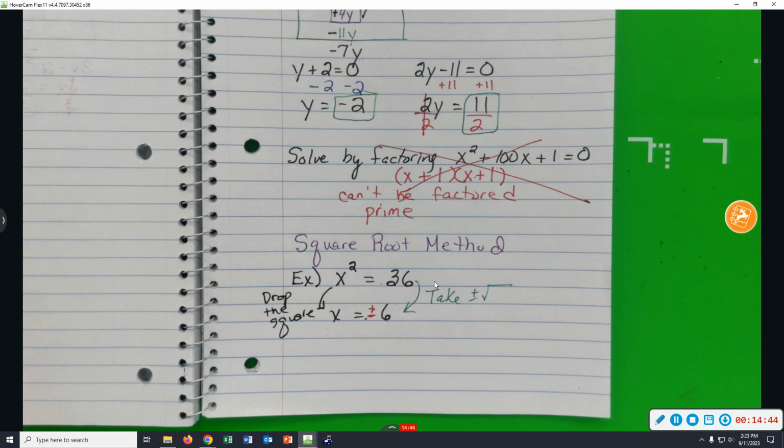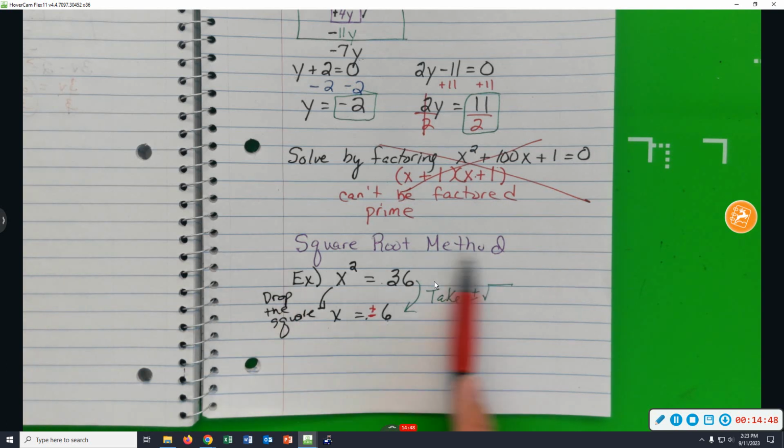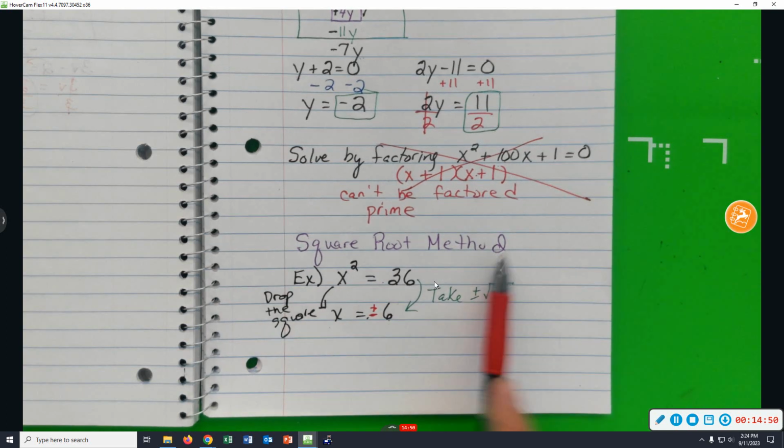So let me go ahead and state formally what this square root method is. Okay?